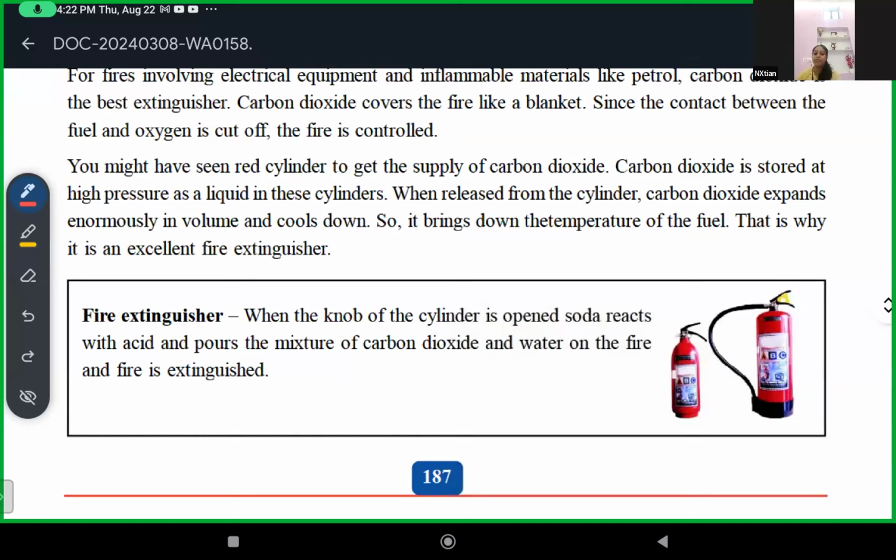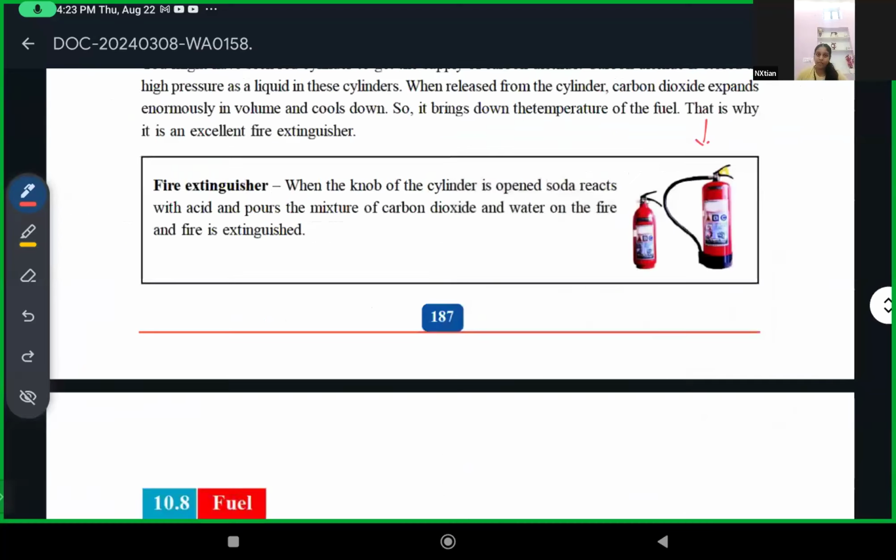It covers the fire and the combustible material, and brings down the temperature of the fuel, which is burning at high temperature. That is why it is an excellent fire extinguisher.